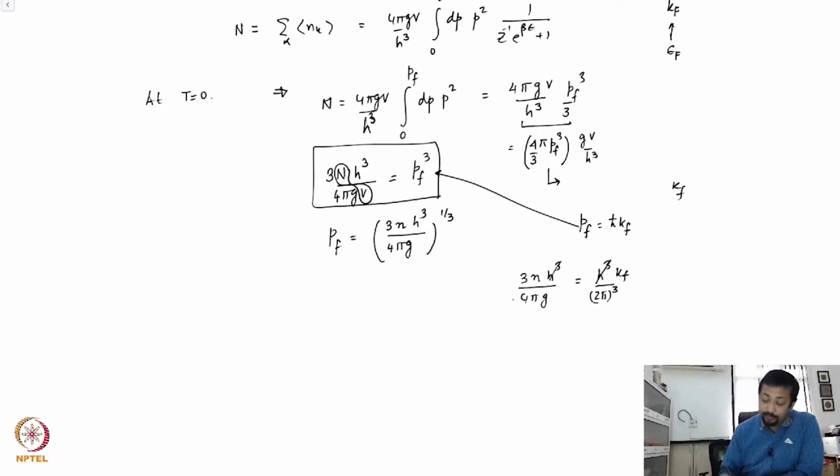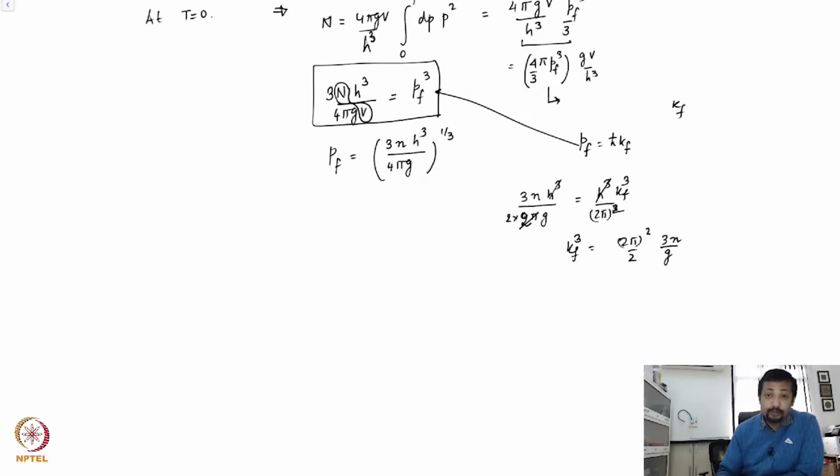I'm going to have 2 into 2 pi instead of 4 pi, so 1 2 pi factor cancels to give me 2 pi whole square, so that kf cube is 2 pi square by 2, 3n divided by g.